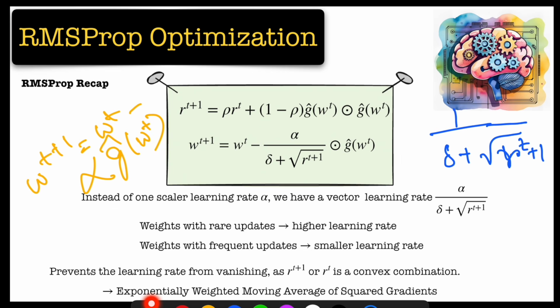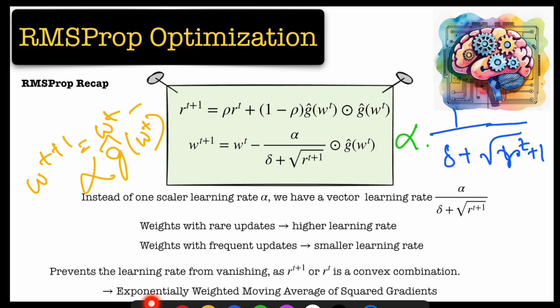So this is one vector. Why is it a vector? This Rt plus 1 is also a vector. Gradients are vectors, and this Rt is also a vector.